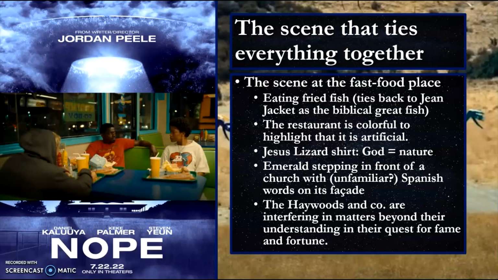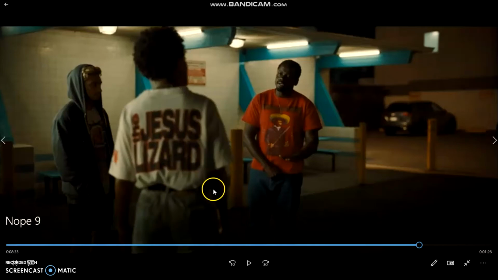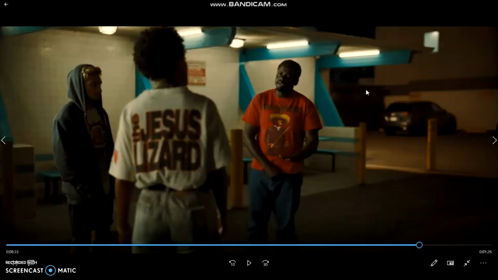And their whole scheme is really disrespectful to nature as well, with how they're trying to use Jean Jacket for their own gain. I did also want to note that, let me pull it up really quick. We have Emerald wearing this shirt, the Jesus Lizard. Now, I know it's a band, but I think that also sort of shows just how powerful and God-like nature is.